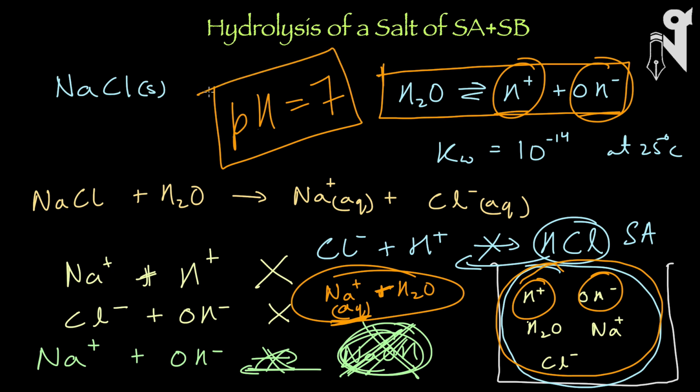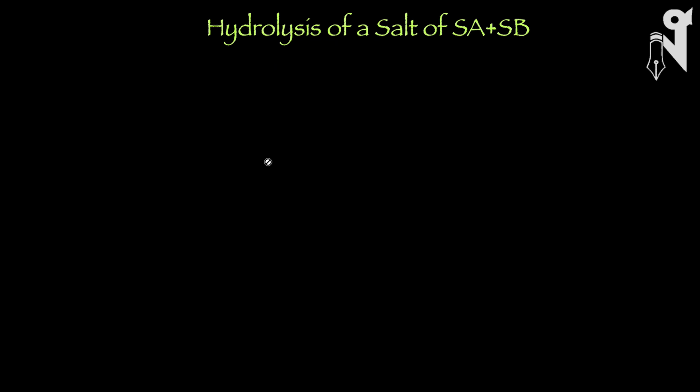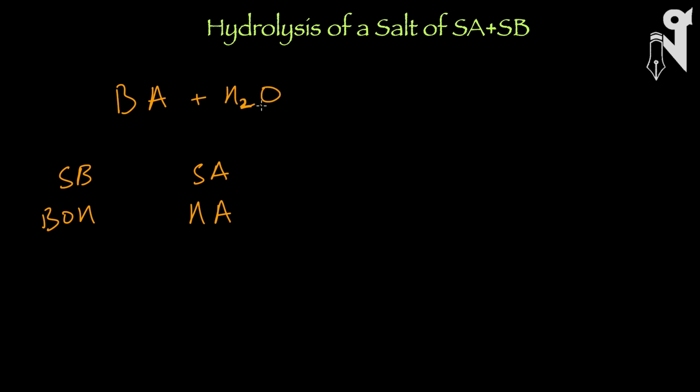So I hope you understand this, that if I take any strong acid and strong base combination salt and call it, say, BA, because it was from a strong base which is BOH and a strong acid which is HA, this salt, when it hydrolyzes or reacts with water, on dissolution is going to give you B plus and A minus aqueous.